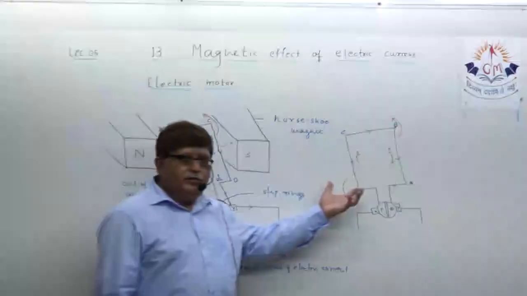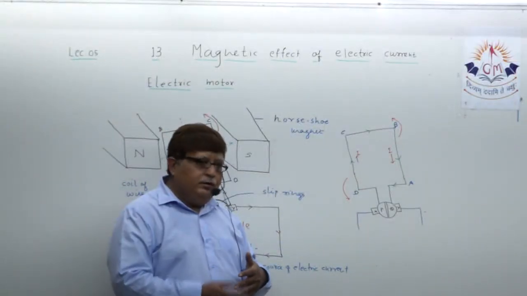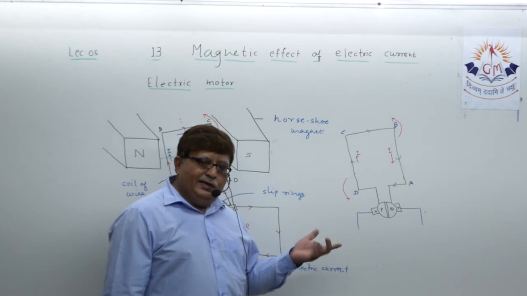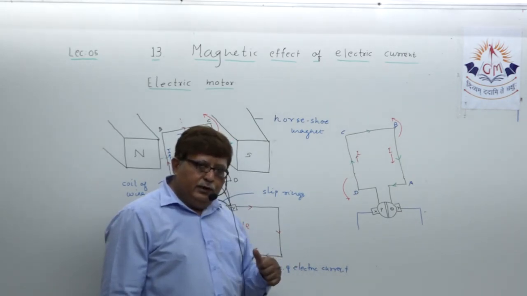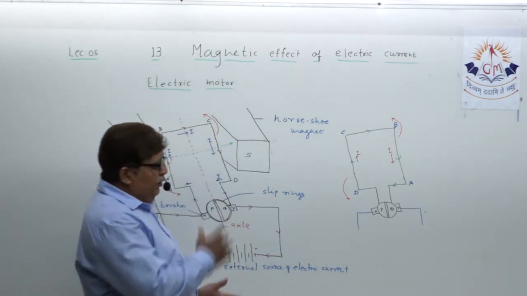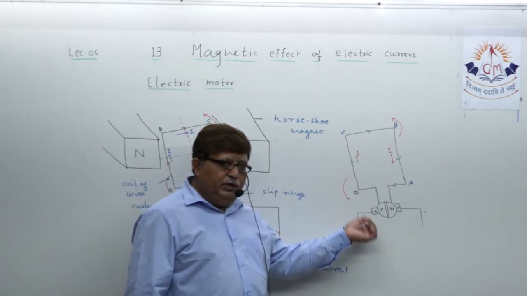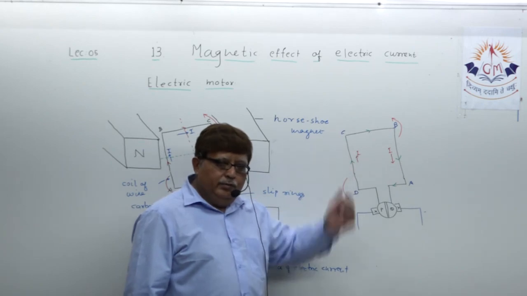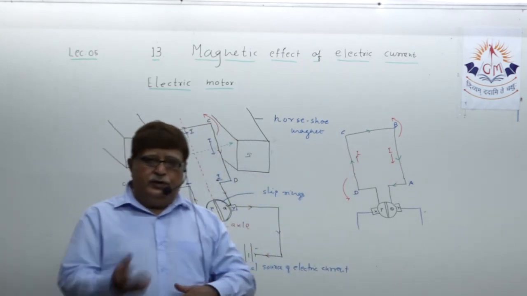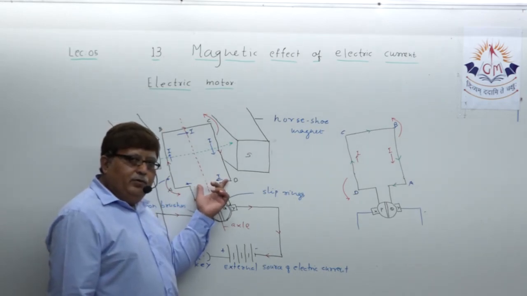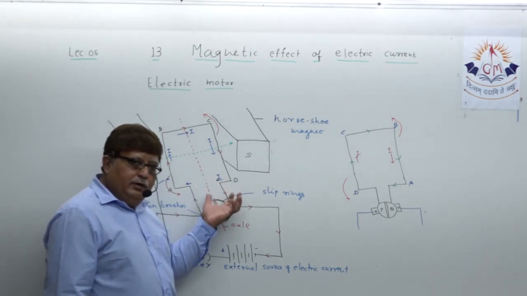Now the direction of current is reversing. In CD, it will flow from D to C. In AB, it will flow from B to A. As a result, with the opposite electromagnetic force, now CD will be pulled downward and AB will be pulled upward, and again the half rotation is completed, and the coil returns to its original arrangement.